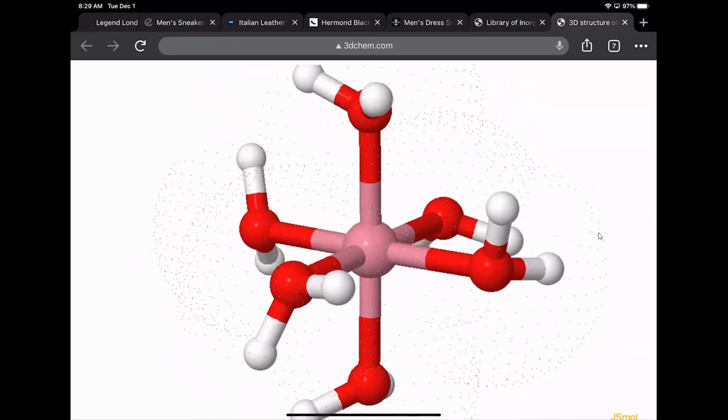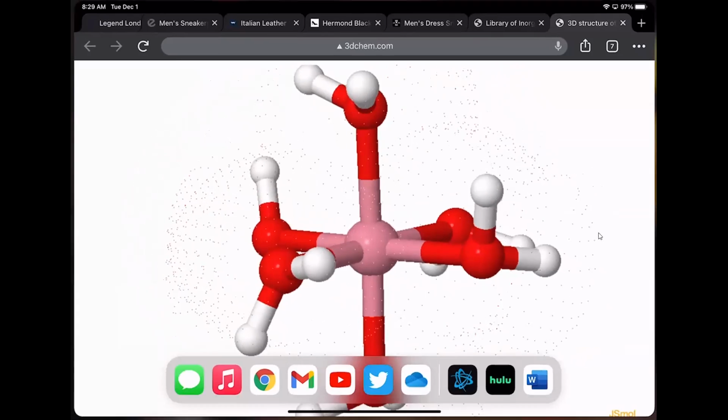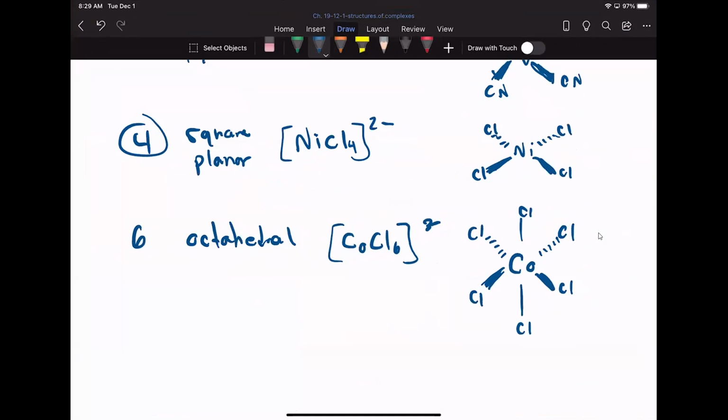We have the 2 going forward, and then we have 2 in the back, 2 in the front, right? 2 going away from you, 2 coming towards you. We have 1 going straight up, 1 going straight down, and this would represent an octahedral. All right. The chlorine two going away from you, two coming towards you. It's why we use the darkened wedges, and then we go one up, one down.